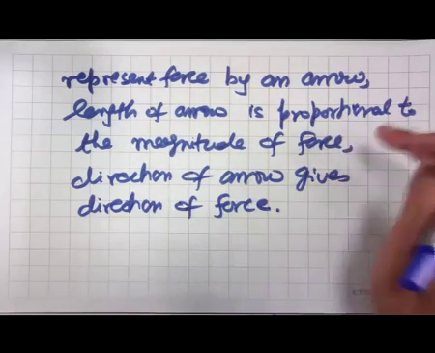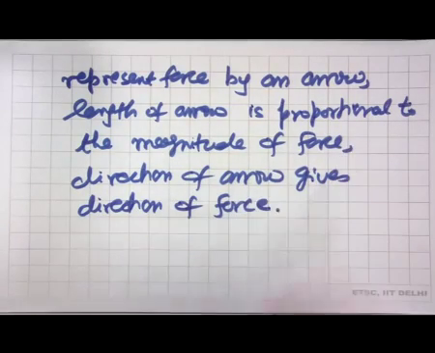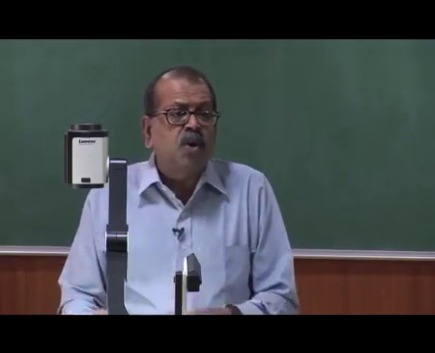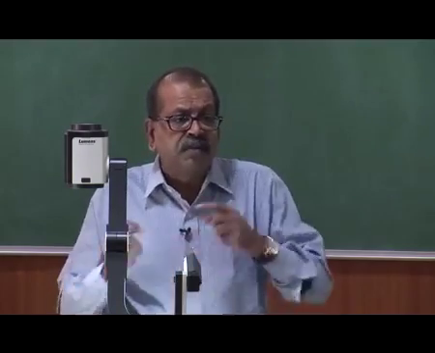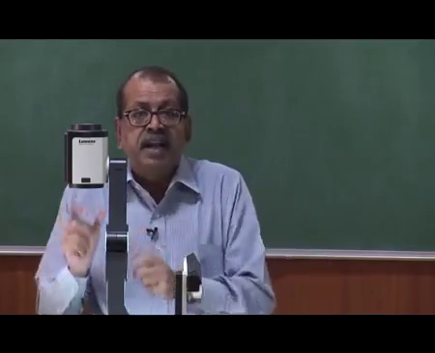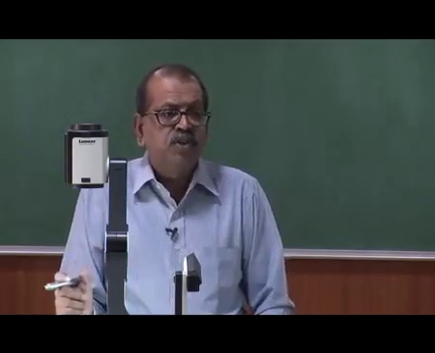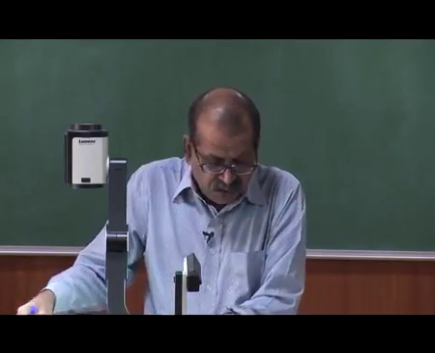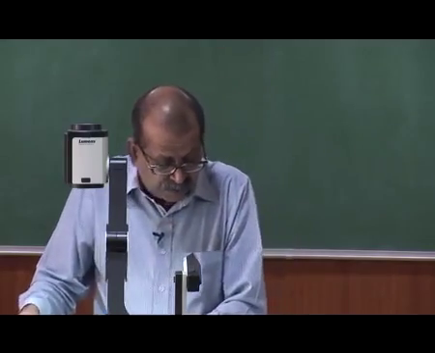This statement, that the length of the arrow is proportional to the magnitude of the force, becomes more pertinent when we are talking of two different forces. They will have their own magnitudes, and the lengths will represent the ratio of these two forces. So, the ratio of the lengths will represent this ratio. That is how we represent a force.